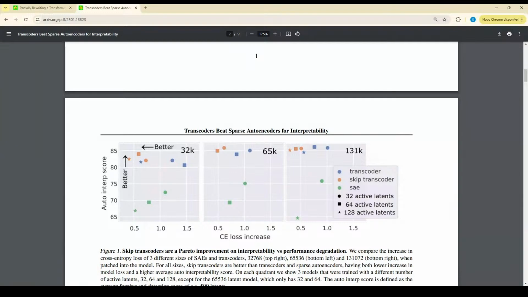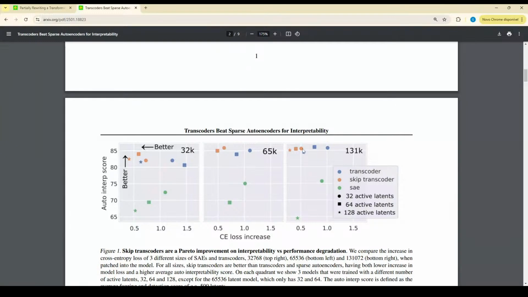But I think, if sparse autoencoders and transcoders, etc., are something that we want to keep improving, we should be looking at both the reconstruction loss and some kind of interpretability score, instead of the reconstruction loss and a measure of sparsity, because as you can see here, we can actually decrease sparsity.